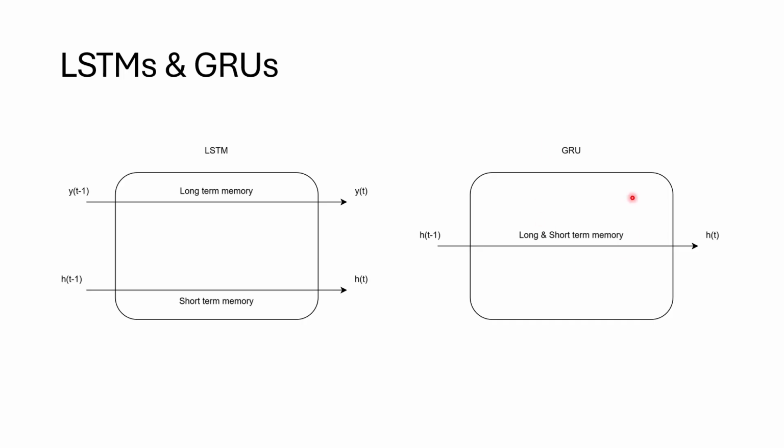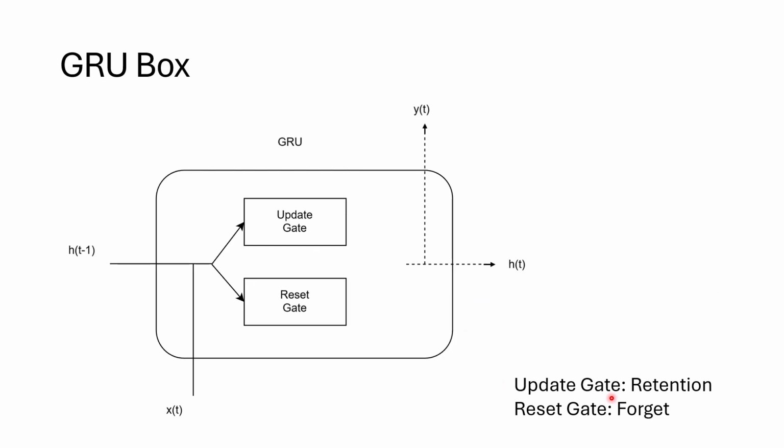So a GRU is basically an evolution of LSTM. LSTMs have three gates: the input gate, the output gate, and the forget gate. GRUs only have two gates: the update gate and the reset gate. So how do these work?